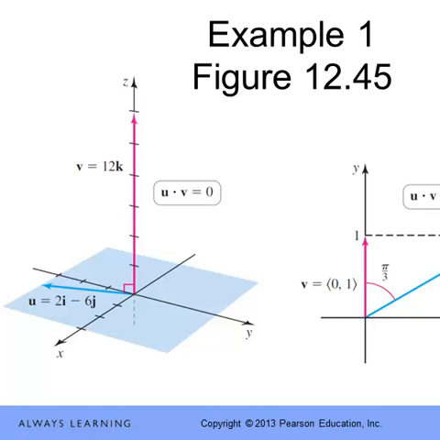No computation needed, because you have one vector that's just sitting right here on the xy plane with no z component. So any vector that is along the z-axis is automatically going to be orthogonal to vector u. So vector v is automatically orthogonal to vector u. So u dot v is 0.